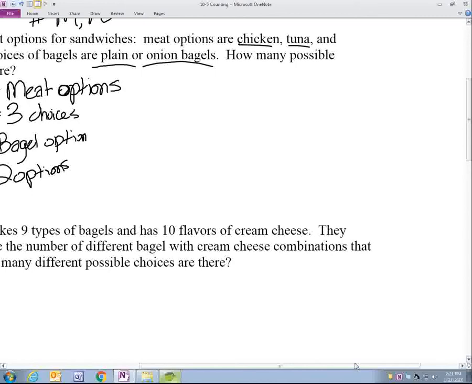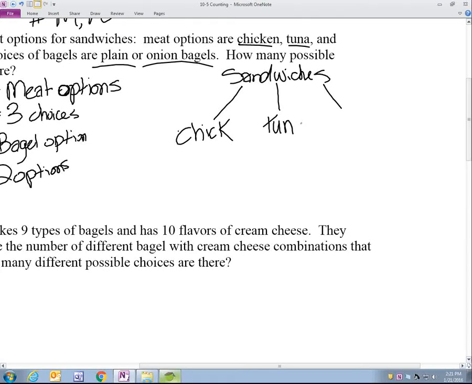So in order to do this, I'm going to say that my options for sandwiches, my event M, is 3 options. 1, 2, 3. Those 3 options are chicken, tuna, and veggie.